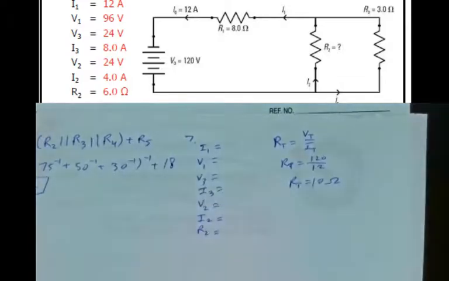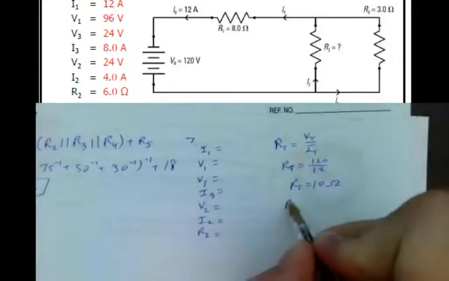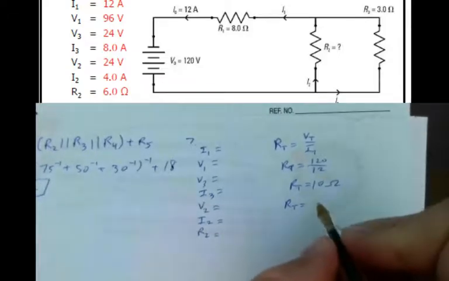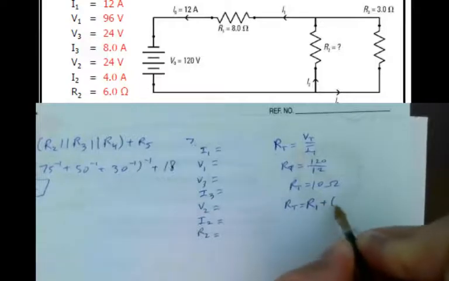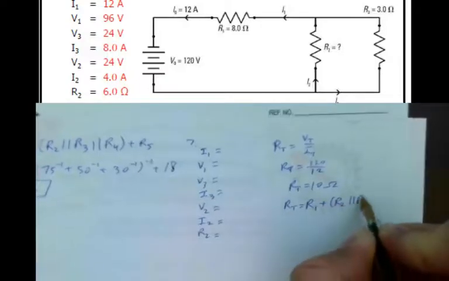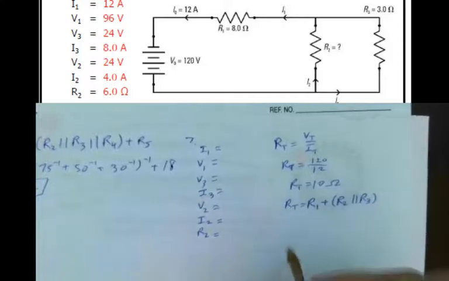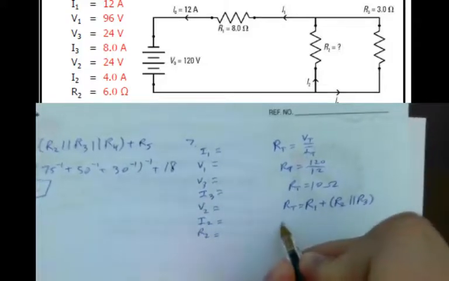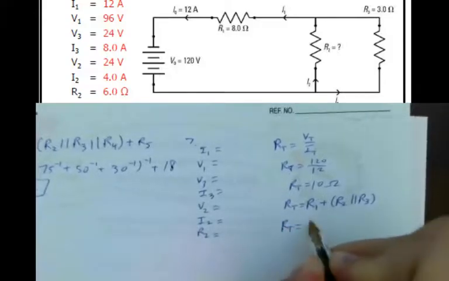So knowing that, I can now try to solve for my unknown R2, because I also know that RT is equal to R1 plus the parallel addition between R2 and R3. Let's write this out and then rearrange.